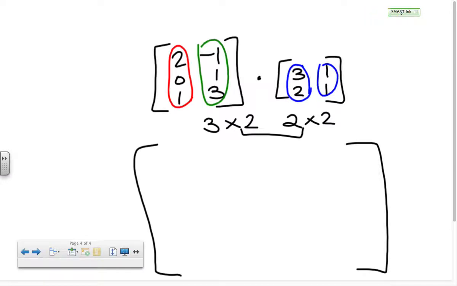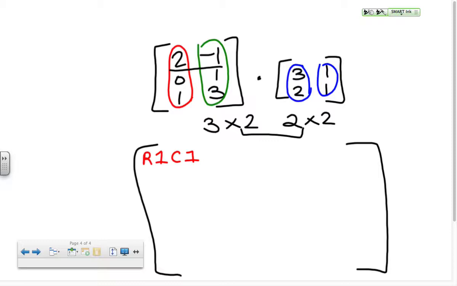So, okay. Here's how this works: the answer for the first one is going to be row 1, column 1. Now you'll notice in row 1 we have 2 numbers, and in column 1 we have 2 numbers. That's not a coincidence.